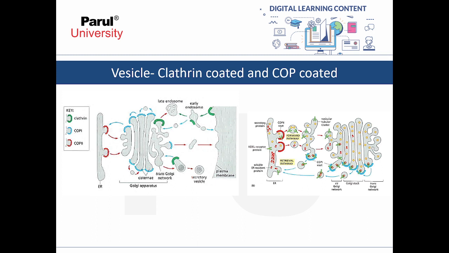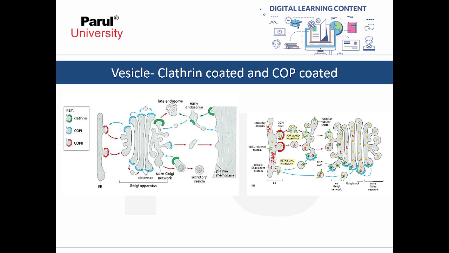We will also discuss the several types of clathrin coated vesicles, each specialized for a different transport step, and the COP1 and COP2 coated vesicles may be similarly diverse. Clathrin coated vesicles, the first coated vesicles to be identified, transport material from the plasma membrane and between endosomal and Golgi compartments.